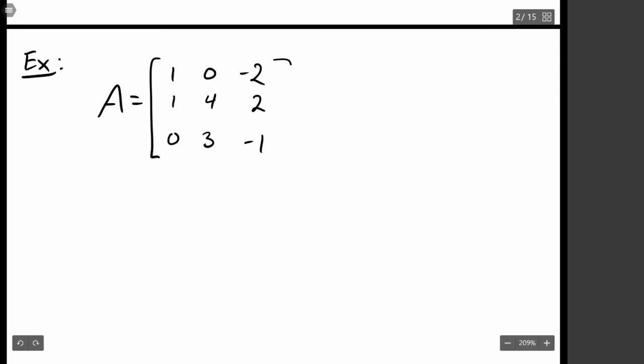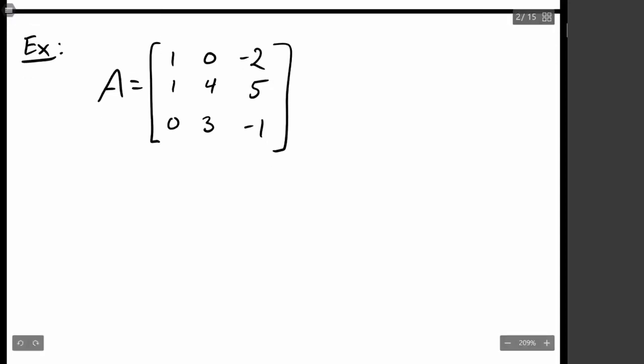That seems like a good enough matrix. Actually, let me change this to a 5, just so we have a variety of numbers in here. What we want to do is perform a bunch of different operations on this.